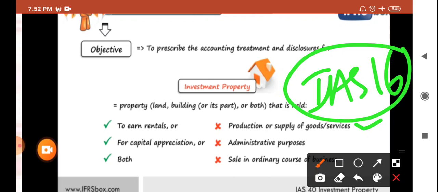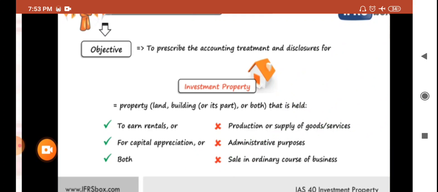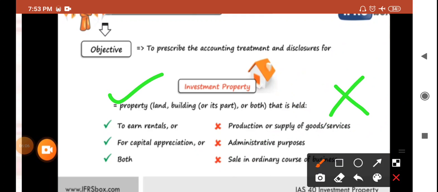Next, if you have property held for sale in the ordinary course of business, so in the ordinary course of business you are using that building, that will also not come under investment property, it can be shown as inventory. So these are the basic concepts relating to investment property, what it includes and what it does not include.